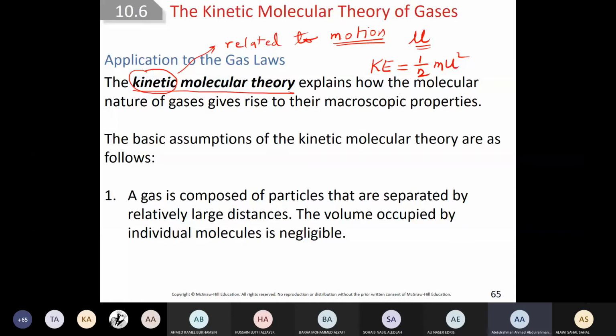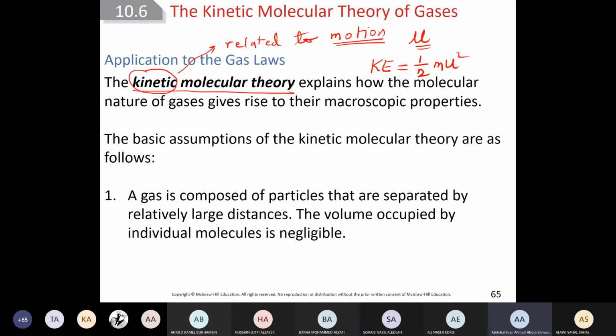Very good. Okay. What's the unit that we usually use for energy? Joule. Very good. What's the unit we use for speed? Meter per second. And the mass? Kilogram.